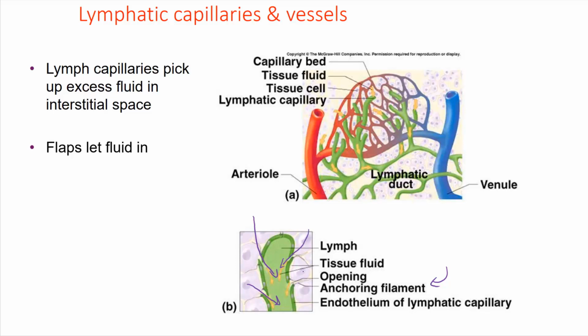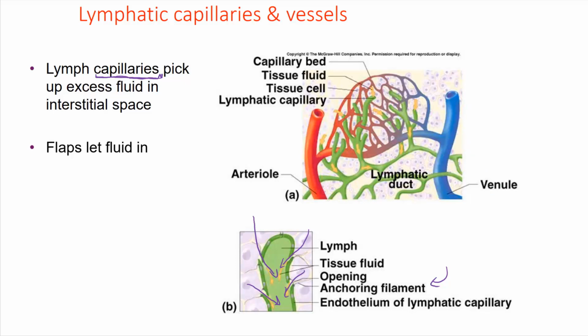Now, don't be confused by this terminology of capillaries, right? These are completely separate vessels from the blood capillaries. In this diagram right here, it's showing on the left the arterial side, and then here in the red and blue are the blood capillaries, and then here is the venous side of the circulation.